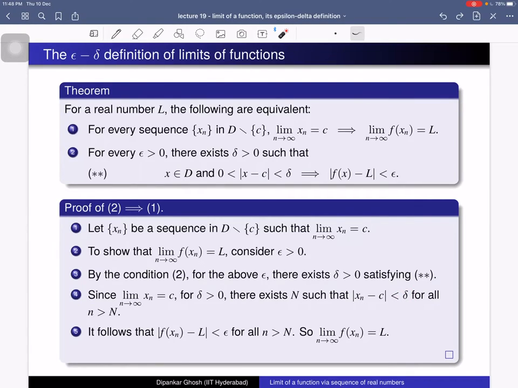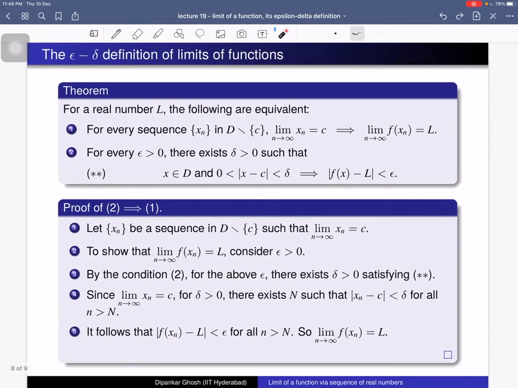So for this positive real number delta there exists a natural number N such that beyond that natural number all the terms satisfy this thing. So the distance between the nth term and C is less than delta for all natural numbers beyond this big N. And it follows that this distance should be less than epsilon.